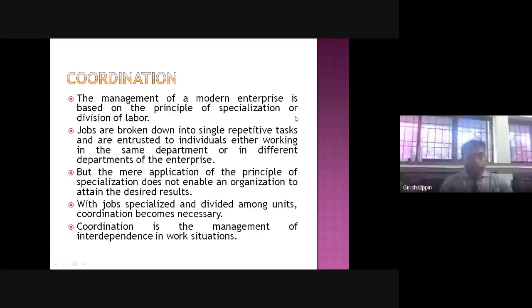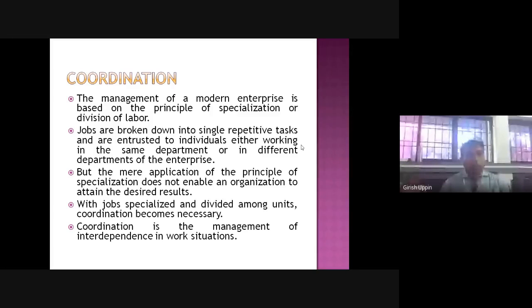So as we know, the management of a modern enterprise is based on the principle of specialization or division of labor. All the work is divided into specialized entities. So jobs are broken down into single repetitive tasks and are entrusted to individuals, either working in the same department or in different departments of the enterprise.